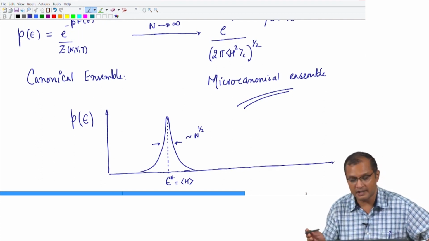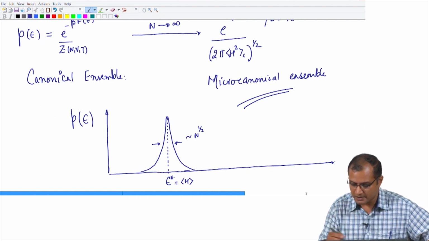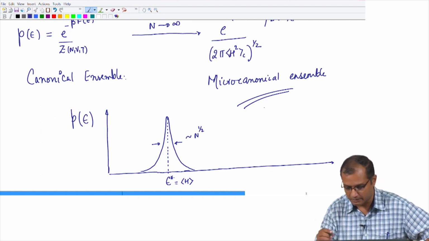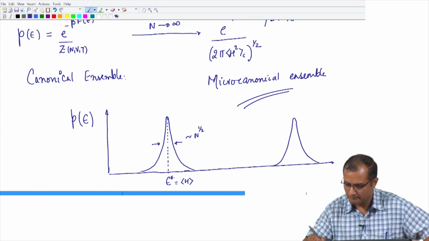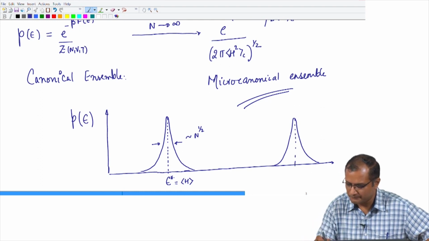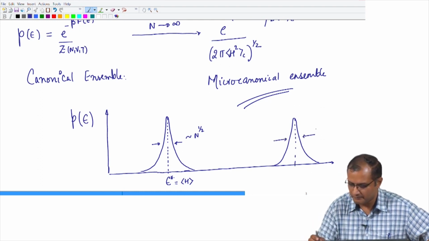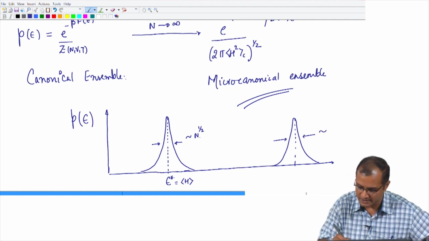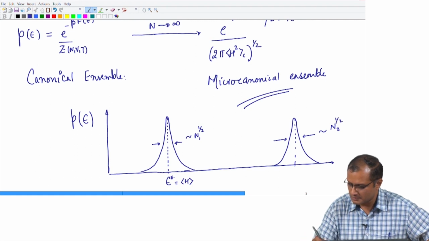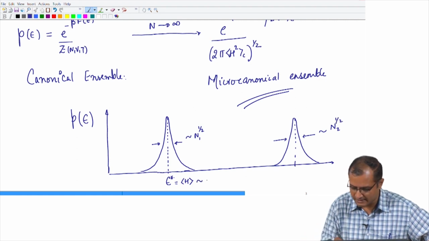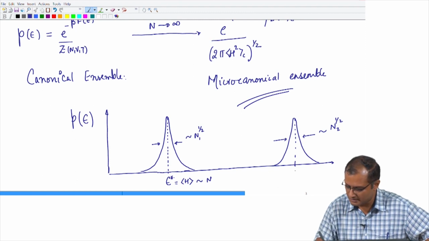So, if I increase n, what would happen is the distribution gets wider, but the ratio of width to mean. So, let us suppose I say this is n1 and this is n2. I know the width will scale as square root n. So, here the location of this would also scale as n.